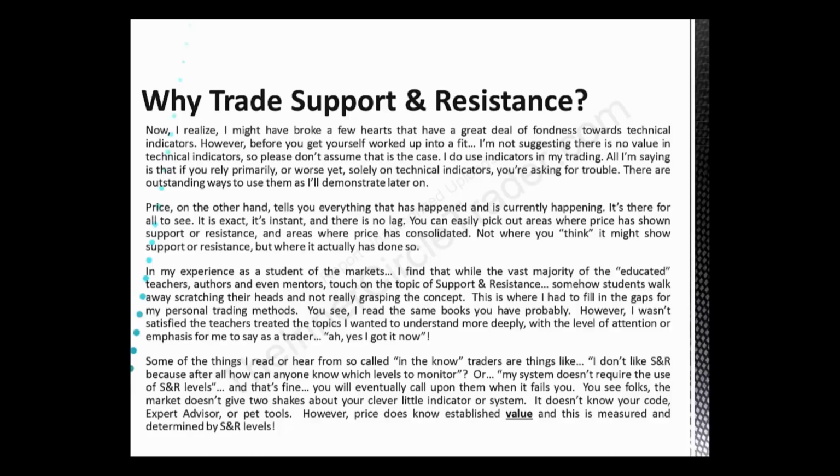But if you look at the charts, obviously support and resistance rules that market as well, because it is giving you a visual representation of supply and demand. Resistance providing you a means of supply, and support providing you a means of demand.